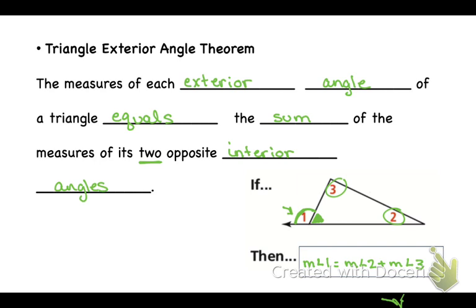So I could draw my picture differently also. What if my exterior angle was over here? Then my sum would be 3 and the other one, right? That one. What if my exterior angle was out here? Then it'd be 2 and that one again. Doesn't matter. Okay? Got it?